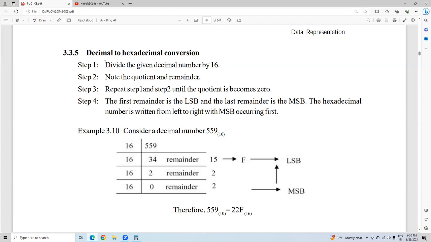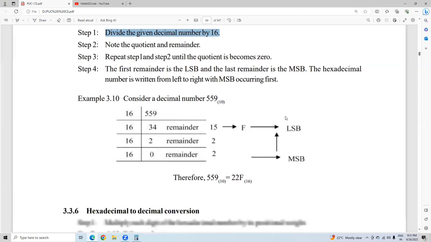See, now here divide the given number by 16. Note the quotient and remainder. Repeat steps 1 and 2 until the quotient becomes 0. The first remainder is the LSB and the last remainder is the MSB. So while writing, the hexadecimal number is written from left to right, that is MSB to LSB, right?